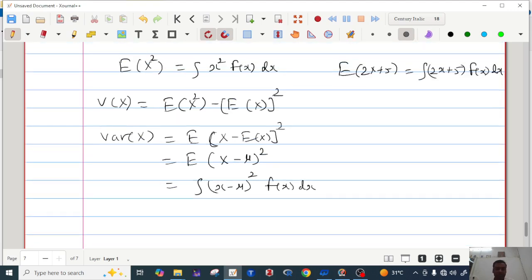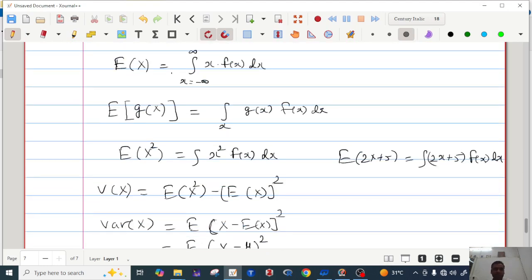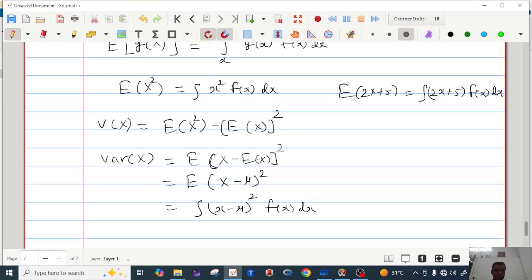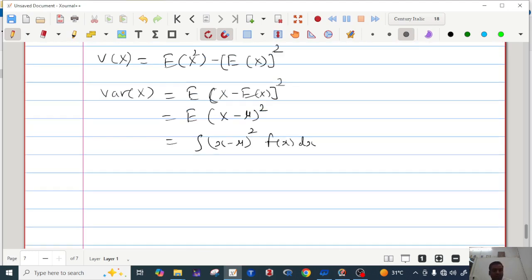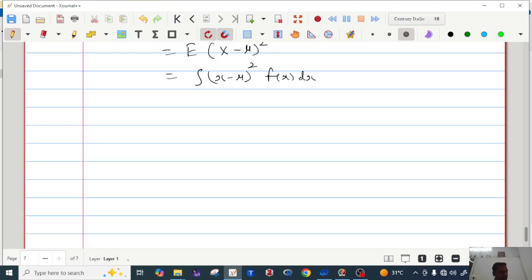This is the definition of expectation of a continuous random variable and the expectation of a function of a random variable. With the help of this definition, let's try to solve one example.